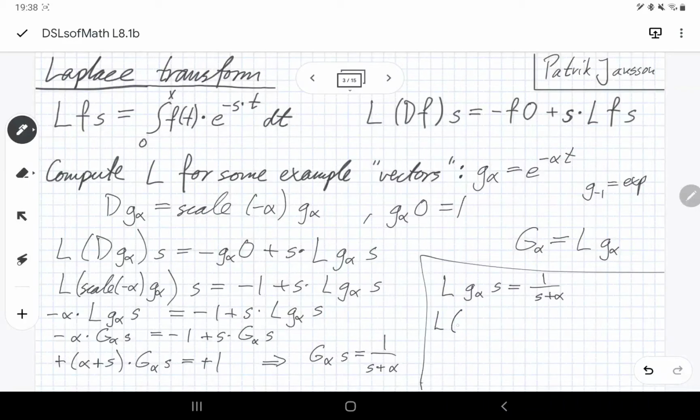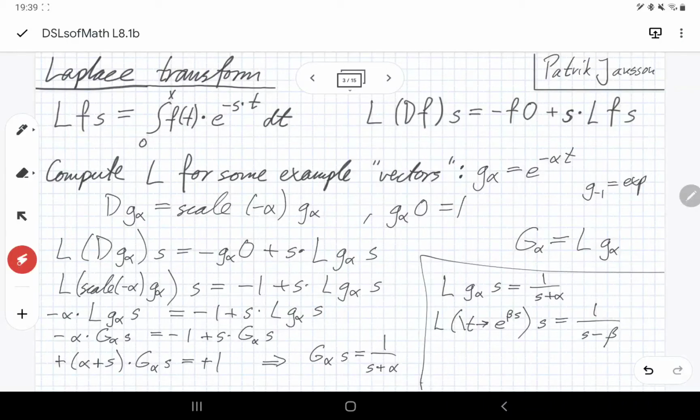So the Laplace transform of the function e to the power of, let's use beta t, at S. Notice I've now not used minus. So I use, instead of minus alpha, I use beta. And that at S is then 1 over S minus beta. So beta is minus alpha, so that's why it becomes this case.